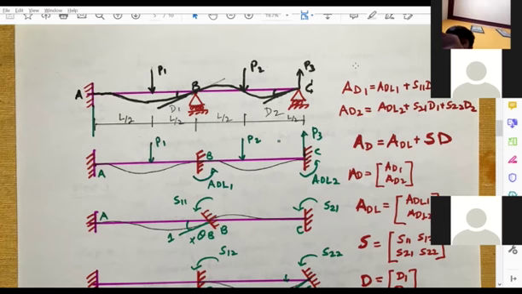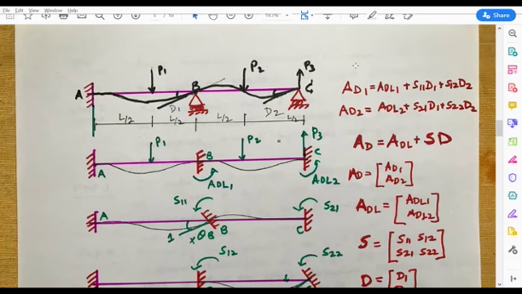What are those? Theta B and theta C. Yes, very good. So the kinematic degrees of indeterminacy are theta B and theta C.